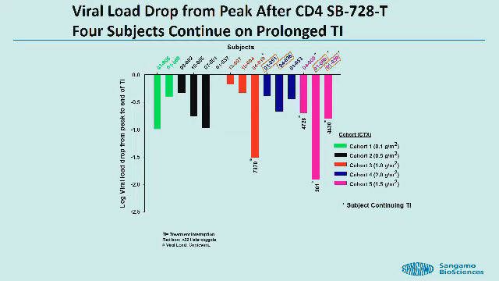And what was also observed is a viral load drop from peak after receiving the infusions of the CCR5 modified cells, and that was in 4 subjects that continued on a prolonged treatment interruption. And generally in the field, the consensus is if you see a change of half a log or greater, that is deemed to be significant. So you can see these 4 patients in the red boxes.